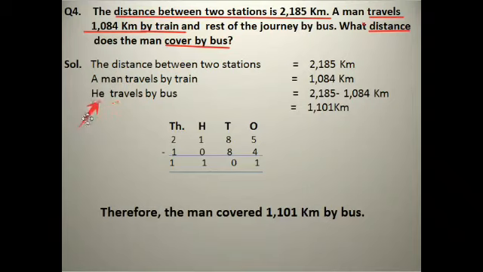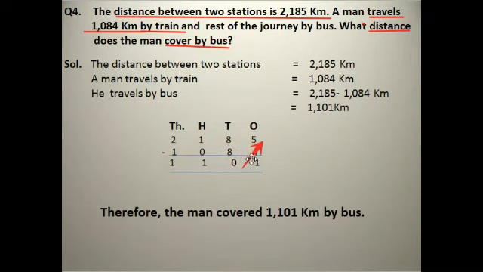He travels by bus equal to 2185, we use here the subtraction sign, and next we subtract 1084 km. So we arrange all digits of these numbers according to their places.